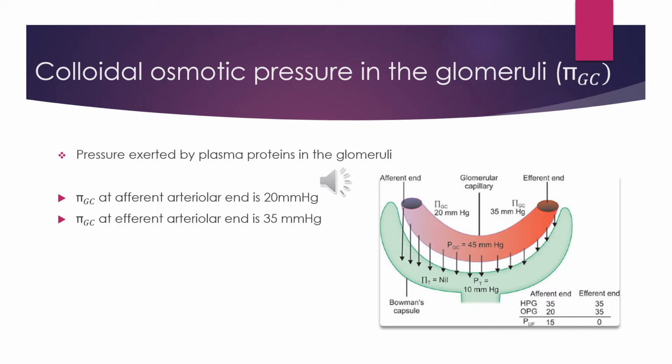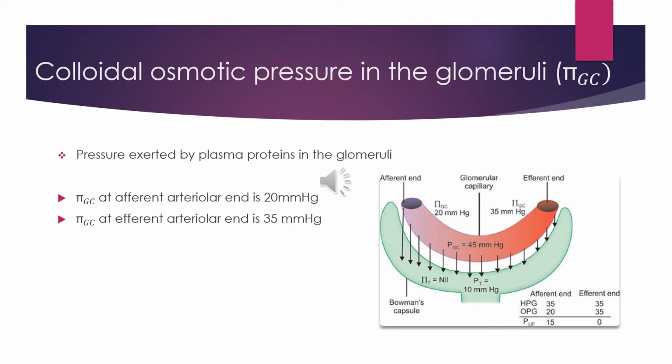So this colloidal osmotic pressure is not uniform in the glomerular capillaries. That is, as the glomerular filtration proceeds, the concentration of proteins increases by the time it reaches the efferent arteriole.